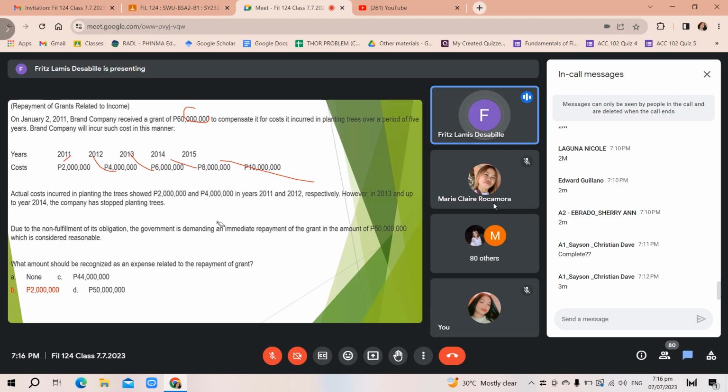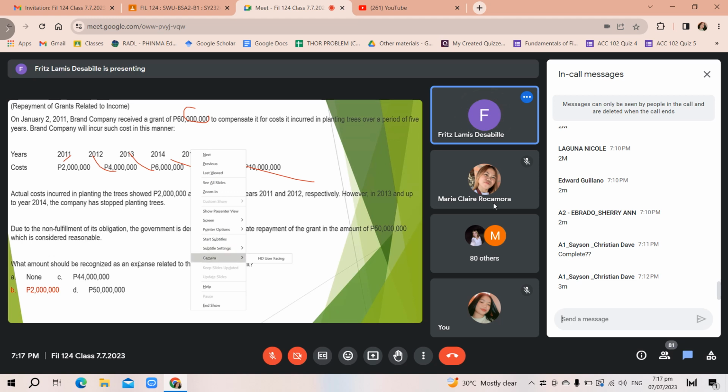Pero in this case, 50 million lang ang ilang gipabayad. So ang question, what amount should be recognized as an expense related to the repayment of the grant? So pila ang i-recognize as loss on repayment. And it is a grant related to income.